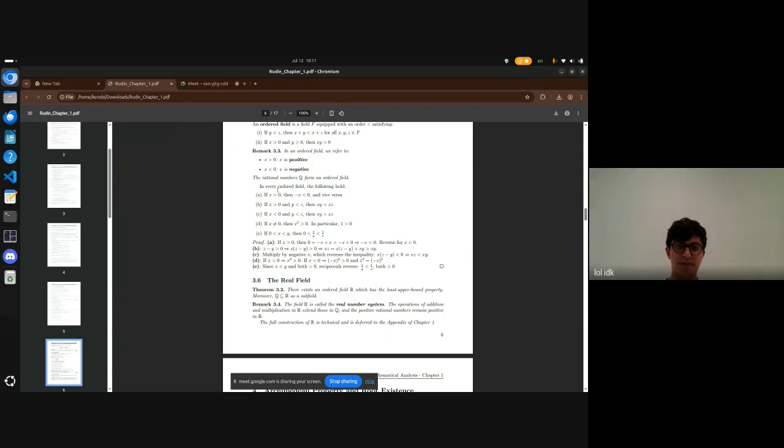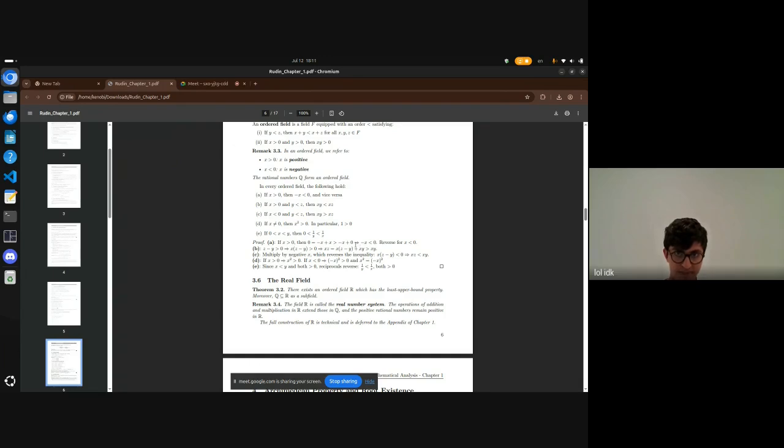If x is greater than 0, then negative x is less than 0. If x is greater than 0 and y is less than z, then xy is less than xz, and etc. If we see the proof over here, if x is greater than 0, then 0 equals negative x plus x, which is greater than negative x plus 0, because we know that x is greater than 0.